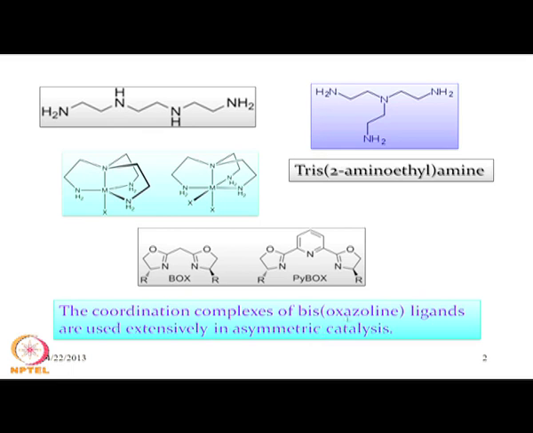In organic chemistry, asymmetric synthesis has benefited a lot from the use of this sort of ligand, where the typical geometry has been adopted compared to the bipyridyl or terpyridine type of ligands. So, these are one other group of ligands.